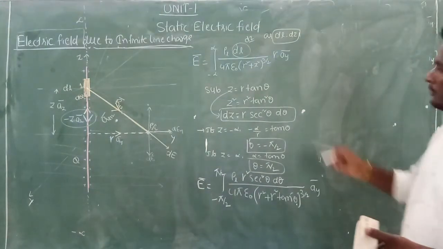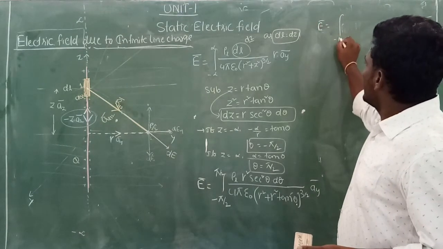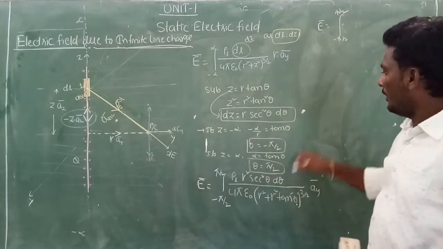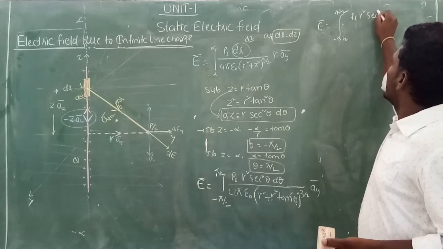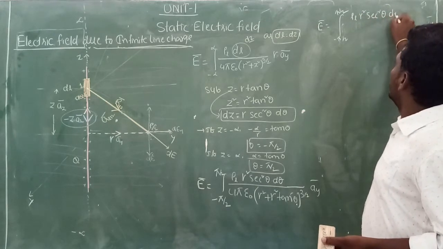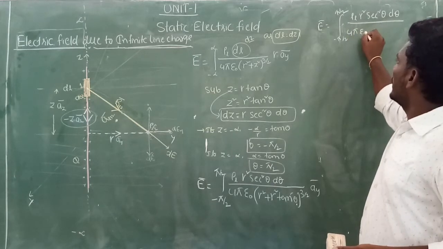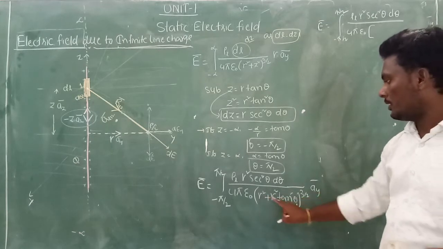Tell me the next step. E bar is equal to the integral from minus pi by 2 to plus pi by 2 of rho L r square secant square theta d theta by 4 pi epsilon naught. Here there is an r square in the numerator and r square in the denominator.